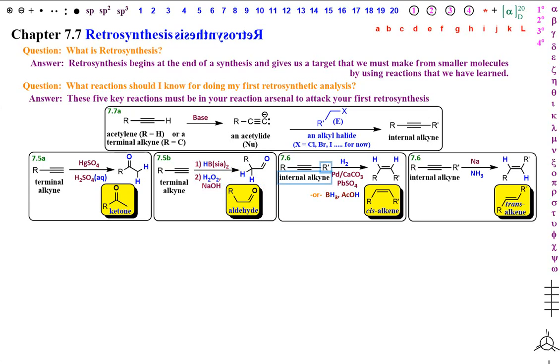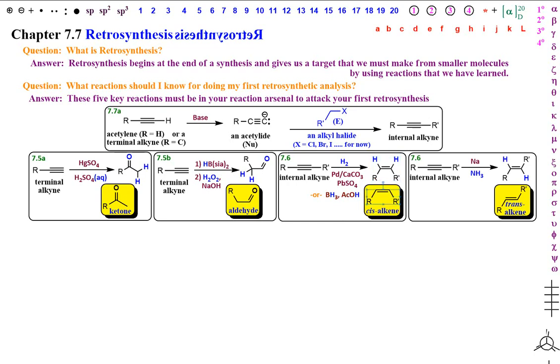We also learned how to take internal alkynes and reduce them using hydrogen with this combination down here called Lindlar's catalyst, or hydroboration and protonolysis. Both of those sets of chemicals resulted in a cis-alkene, here with the H's here.